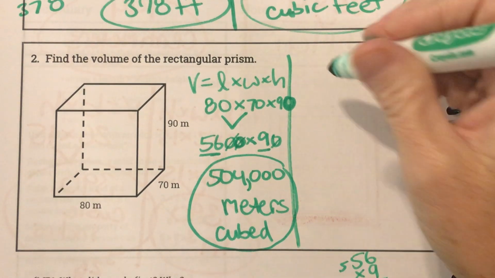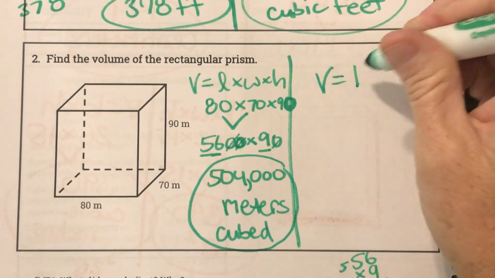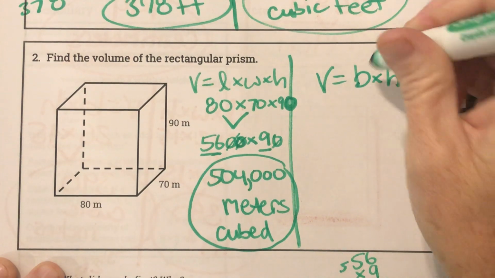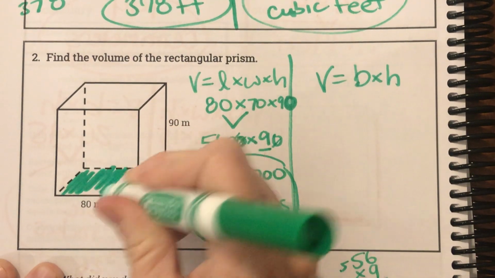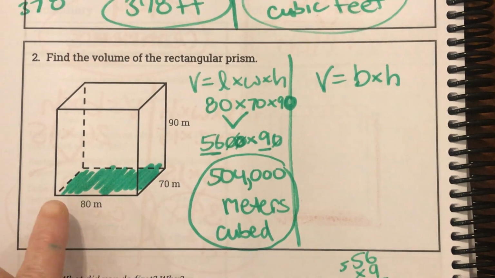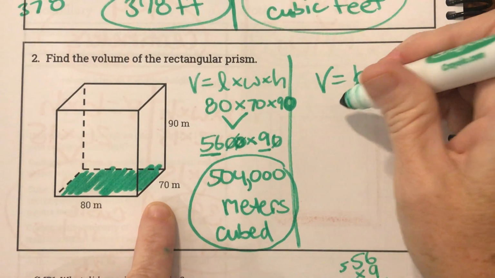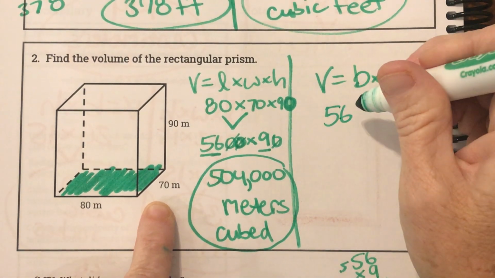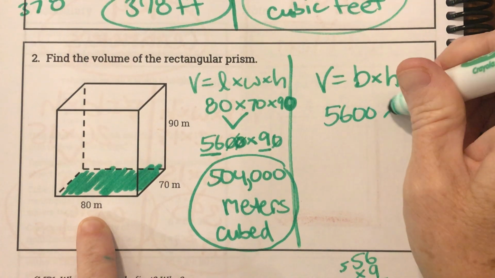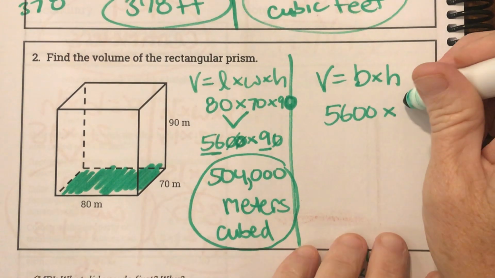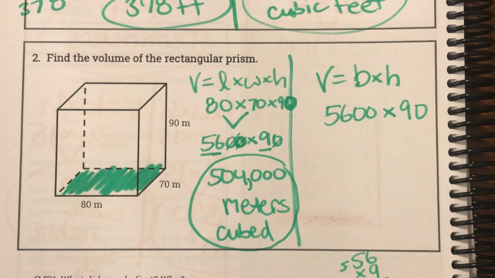Okay, for this one, we're going to do our volume equals base times height. Remember, base is the bottom, the area of this bottom, which is 80 times 70. So 8 times 7 is 56, and our 2 zeros gives us 5,600. Okay, and we already solved this.